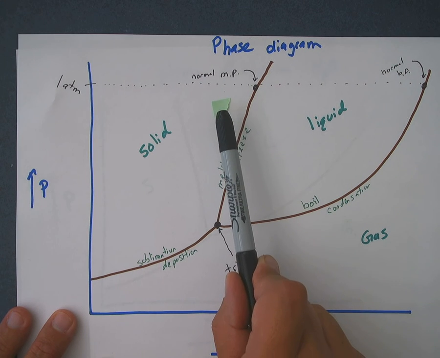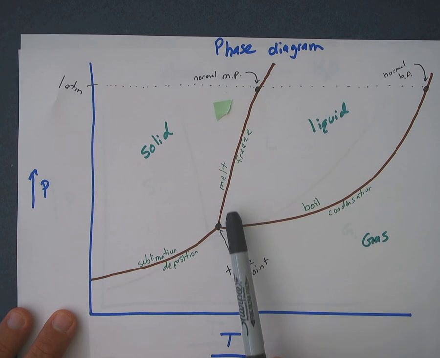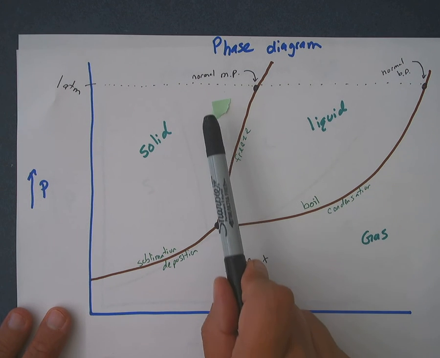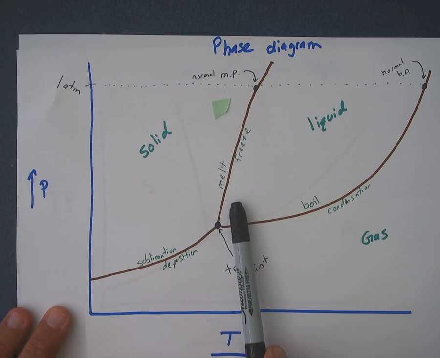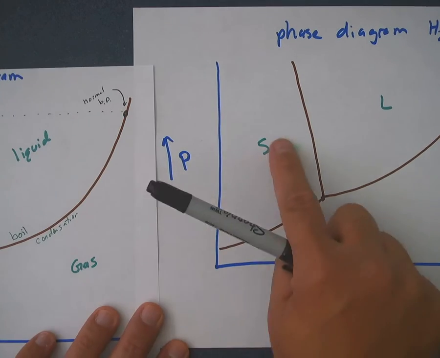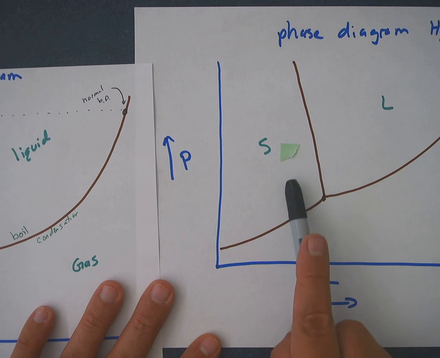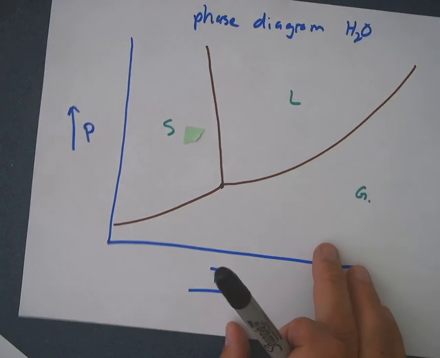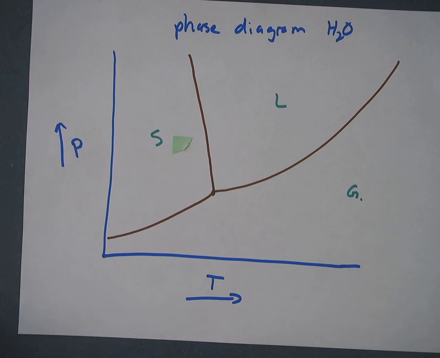But if I happen to be right there, and I drop straight down, I might drop into the liquid. So most substances, if you drop the pressure, you might melt into a liquid. But water, that's not the case. If we have a solid and we drop the pressure, you'll never hit the liquid phase. Maybe you'll get to the gas phase, I guess. So this is all about using graphing logic, graphing skills, and analysis.